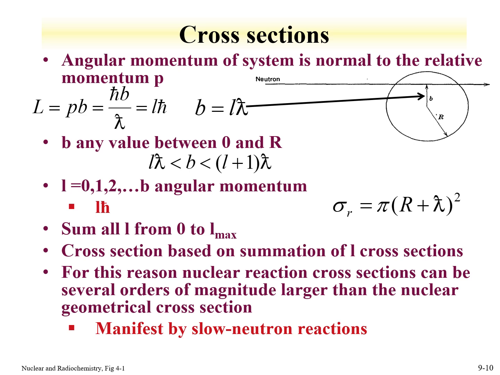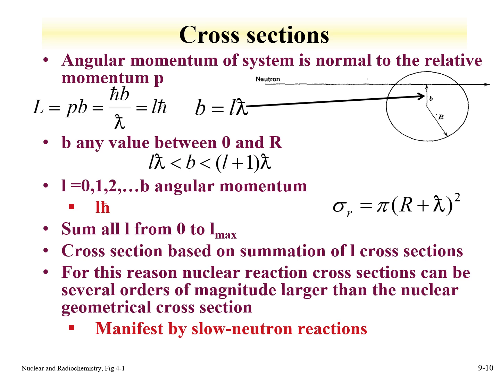Now we can look at this, and the impact parameter can have any value between 0 and R. So the possible ranges are listed here, where the orbital angular momentum is equal to 0 to l, where we can now sum all these terms from 0 to the maximum value of the orbital angular momentum.